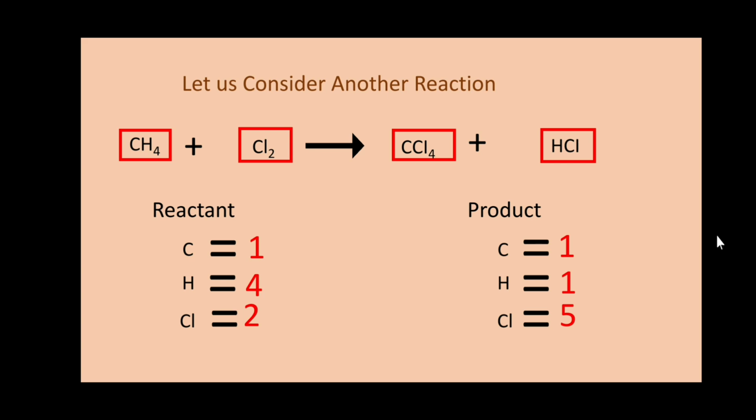After counting the number of atoms on both sides, we have to start the process of balancing the equation with the compound that has the maximum number of atoms. In this equation, CCl4 is the compound that has the maximum number of atoms, and CH4 is another compound which possesses a large number of atoms.